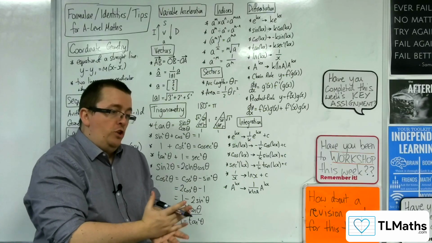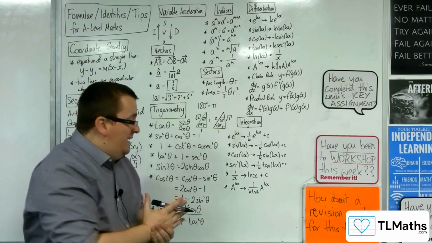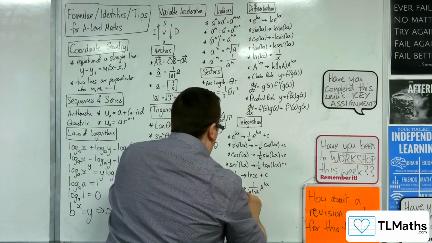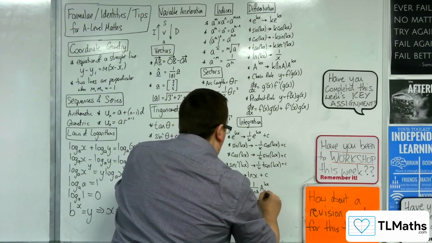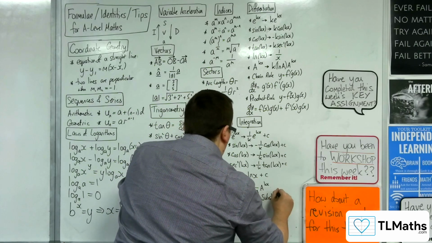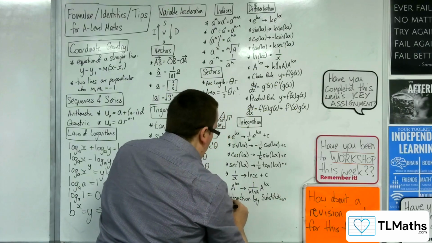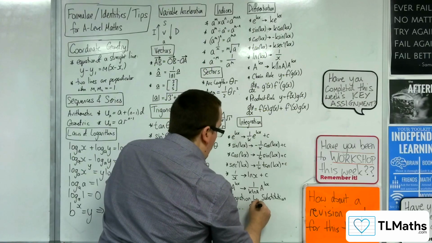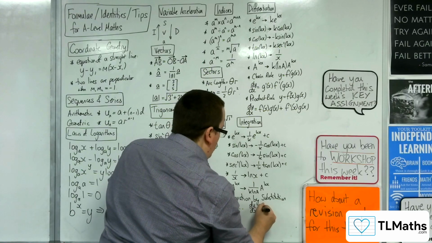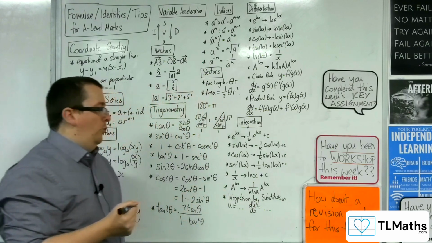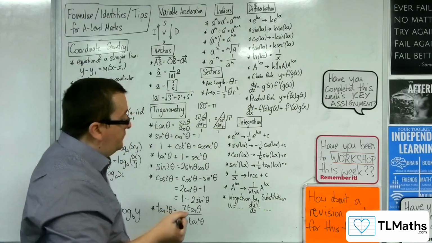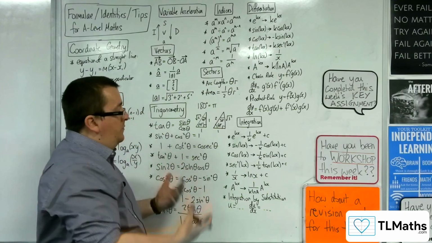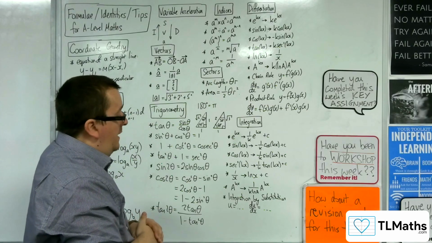For integration by substitution, you are not given any hints, but you need to make sure that your first move is to say u equals something. And your first step, number 1, is to find du by dx. That is always step 1. Then you've got things like changing the limits, and so on.